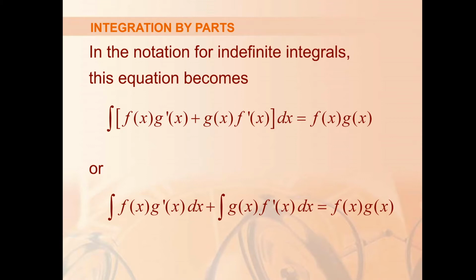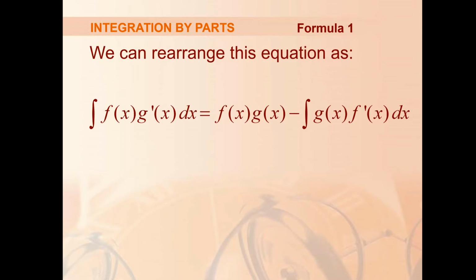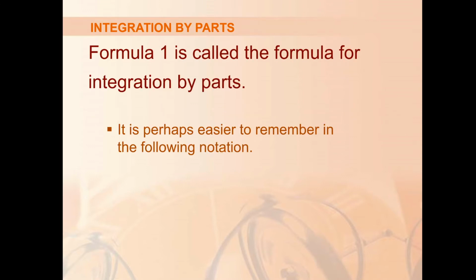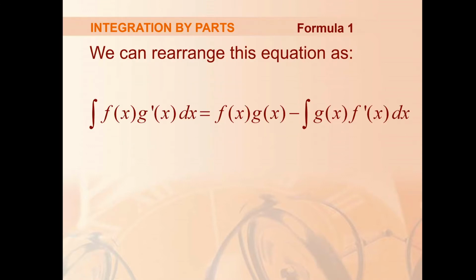But if we separate the integral into two parts, f of x g prime of x and g of x f prime of x, and solve for the first half of the integrand, we get f of x g of x minus the integral of g of x times f prime of x dx. That is the integration by parts formula.